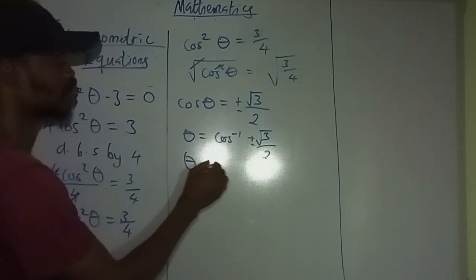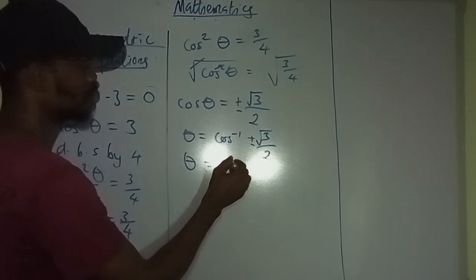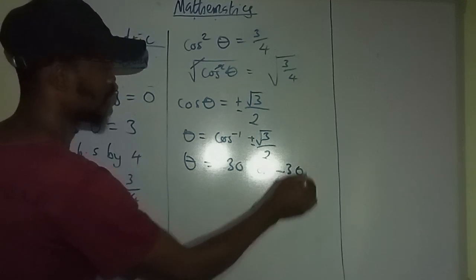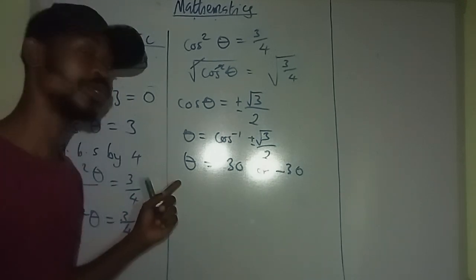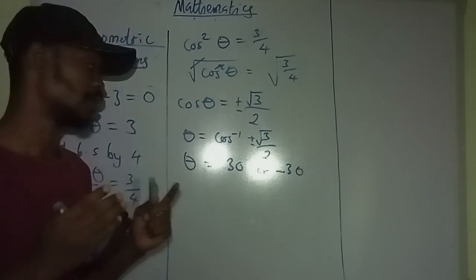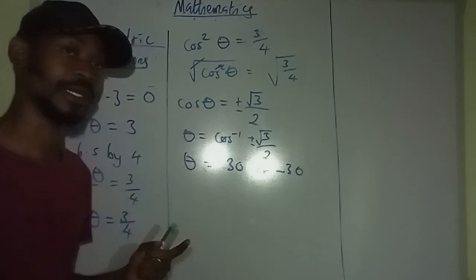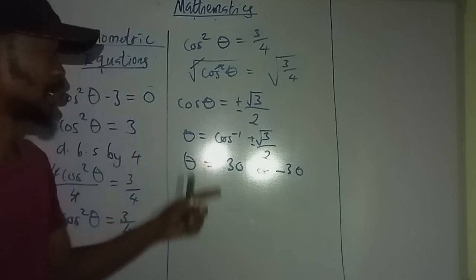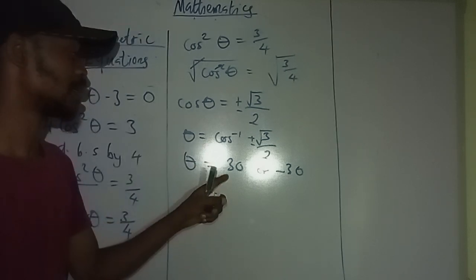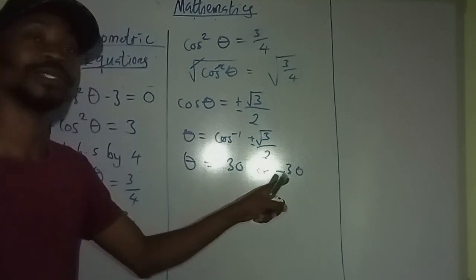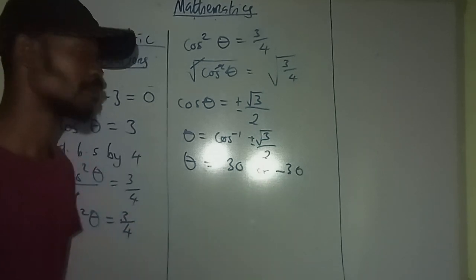So theta is going to be 30 or -30. Those are the values of theta, but they are not the only values of theta. Now we know that this cos gave us this 30, and we need to know in which quadrant cos is positive and in which quadrant cos is negative.